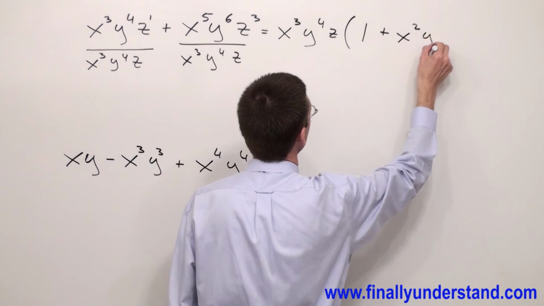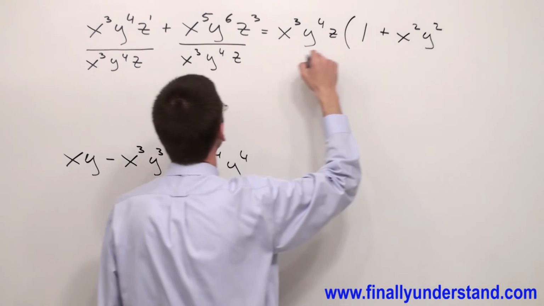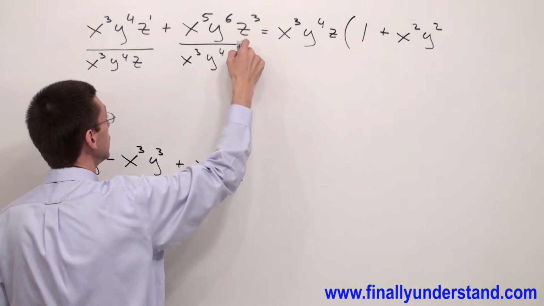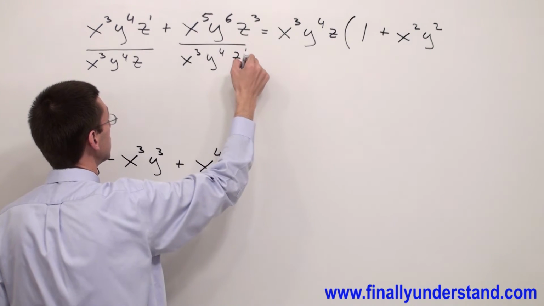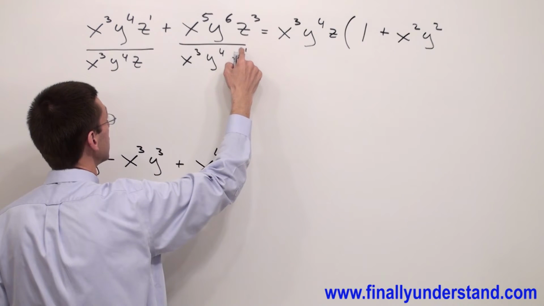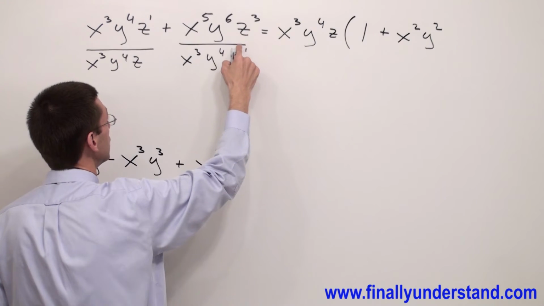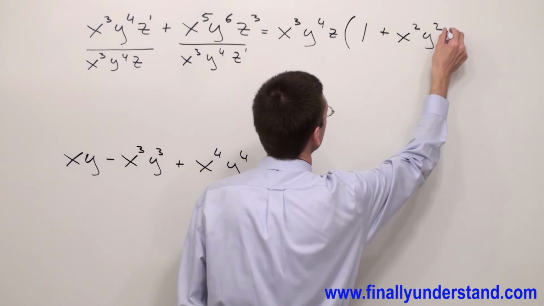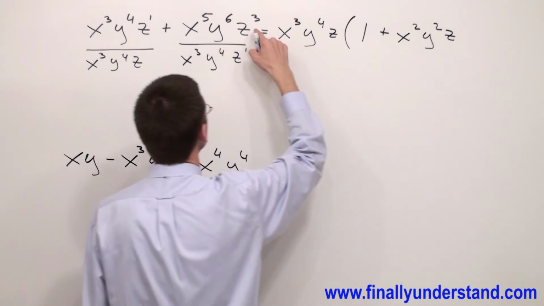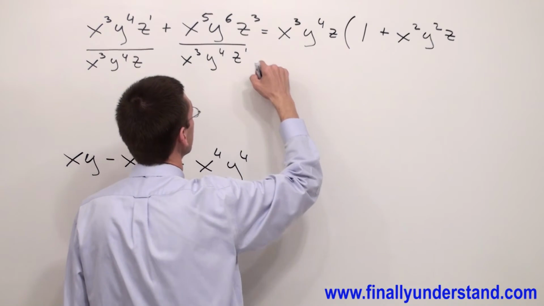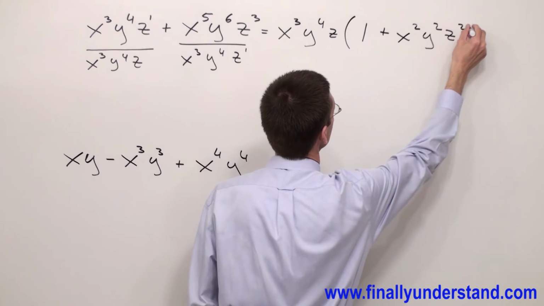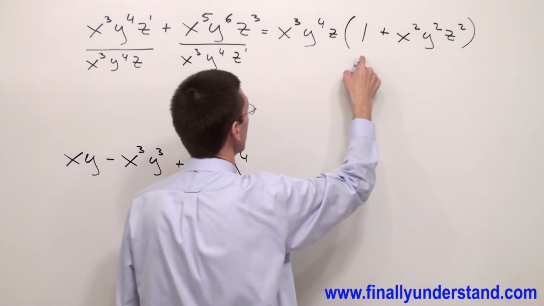That's why I have y to the second power. Z to the third and z to the first. They are divided again. So I have to keep the base and subtract the exponents. 3 minus 1 is 2. This is the solution to my problem.